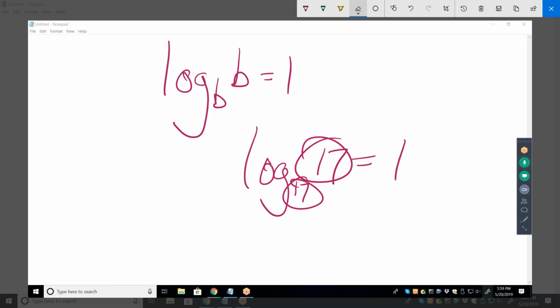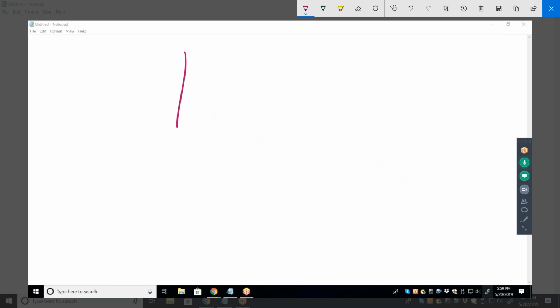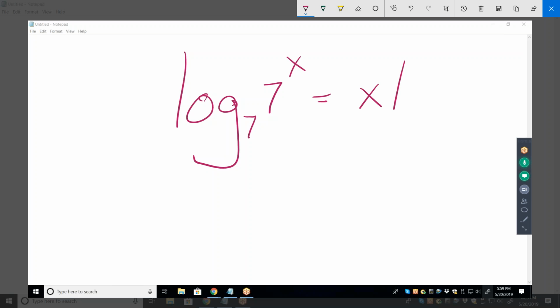Okay. Which means when you see something like this, now you didn't give me any problems like this, but not to say they won't have them. First thing I'm going to do is bring down the x, so that x can now go in front. Even if it's a variable, you can still do that. And what's that?